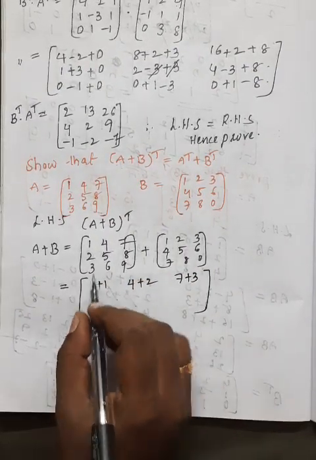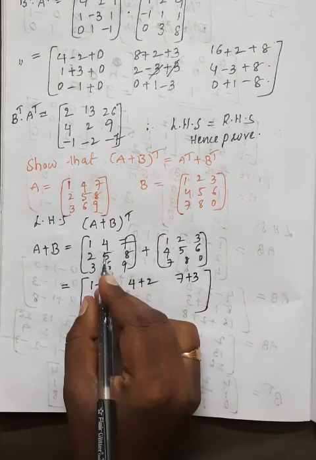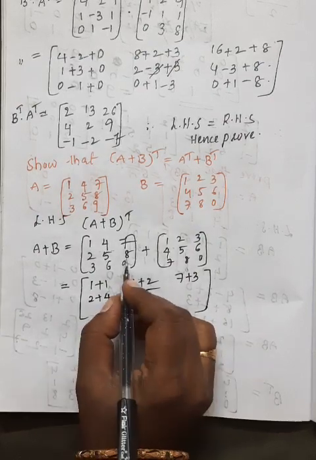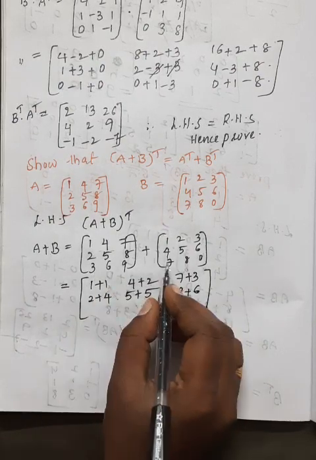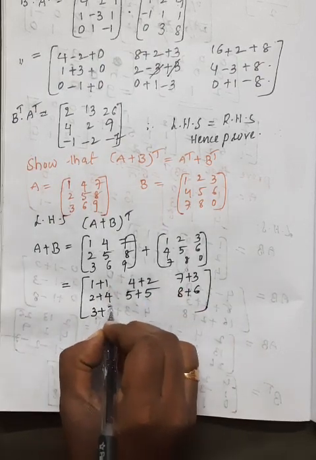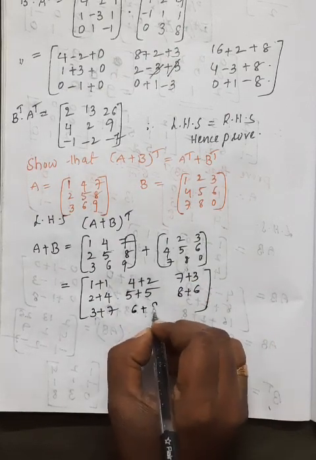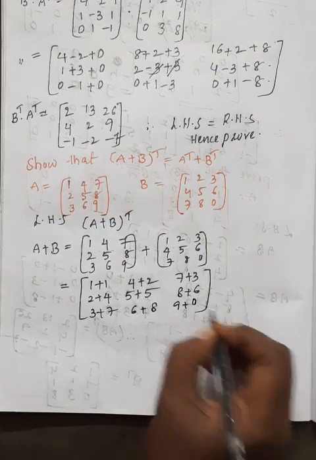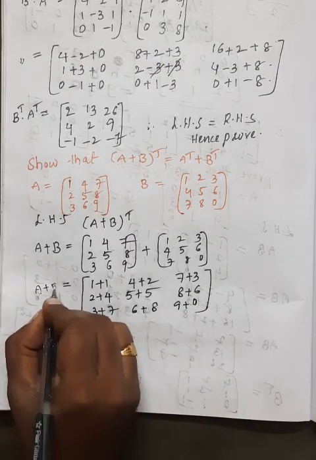Similarly 2 is added to 4, 2 plus 4. 5 is added to 5, 5 plus 5. 8 is added to 6, 8 plus 6. 3 is added to 7, 3 plus 7. 6 is added to 8, 6 plus 8. 9 is added to 0, 9 plus 0. Like this you have to add the two matrices A and B.